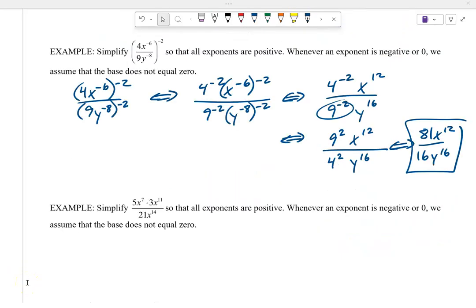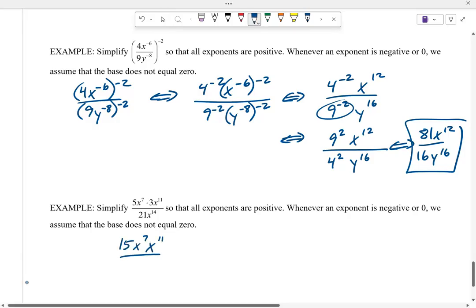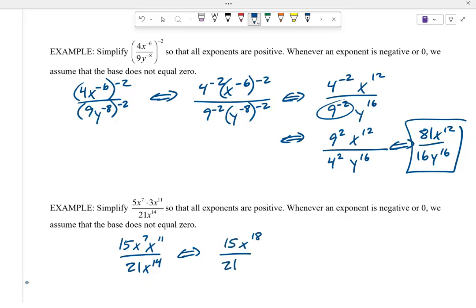Here on this last one, I got 5 x to the 7th times 3 x to the 11th. So I'm going to go 5 times 3 is 15. I've got x to the 7th and I've got an x to the 11th. So I got product of powers there. So x to the 7 plus 11, 7 plus 11, I got 18. And notice, I should simplify this.